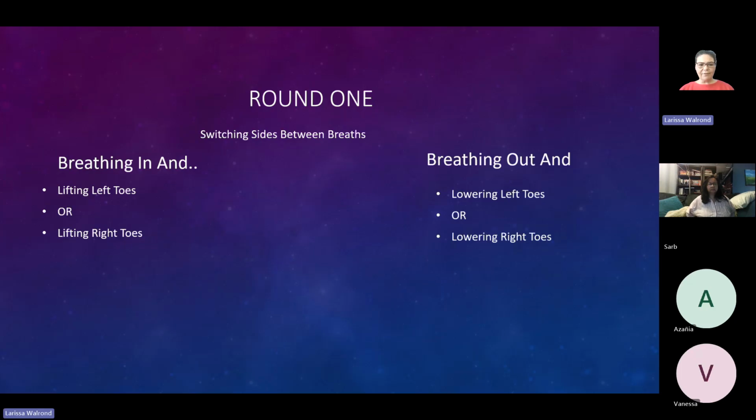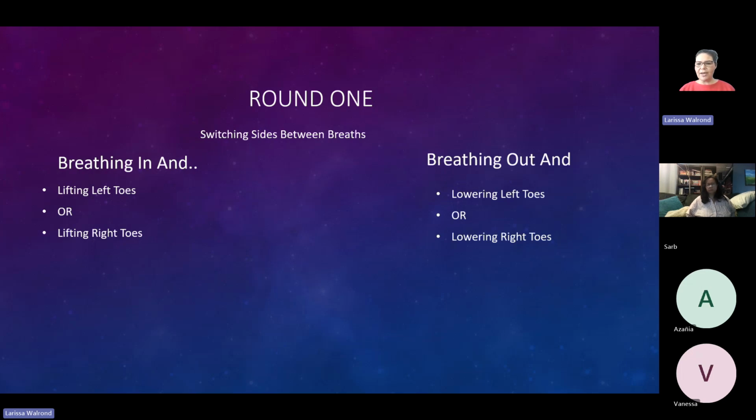Then back to the left, breathing in, lifting your toes, and breathing out, lowering your toes on the left. And then switching sides, breathing in, raising your toes on the right, and lowering them on the right, breathing out.